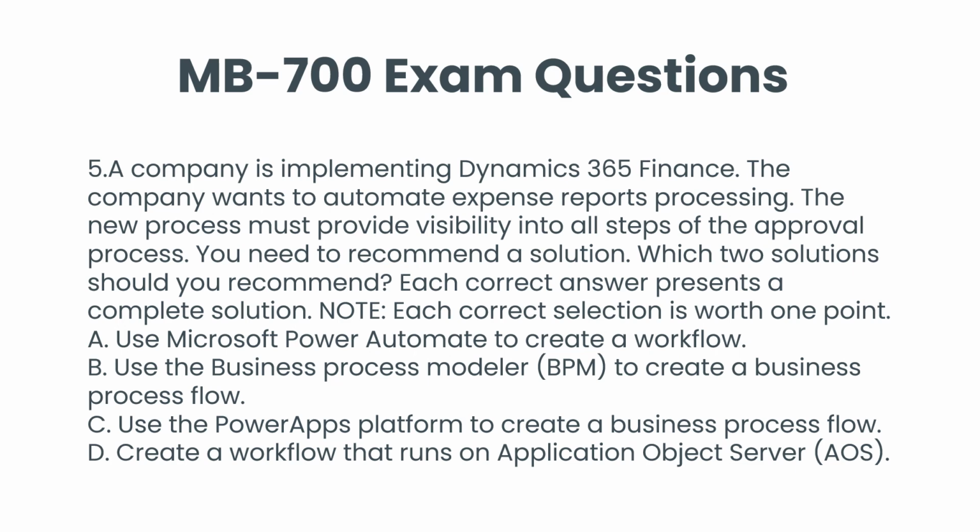A. Use Microsoft Power Automate to create a workflow. B. Use the Business Process Modeler, BPM, to create a business process flow. C. Use the PowerApps platform to create a business process flow. D. Create a workflow that runs on Application Object Server, AOS.